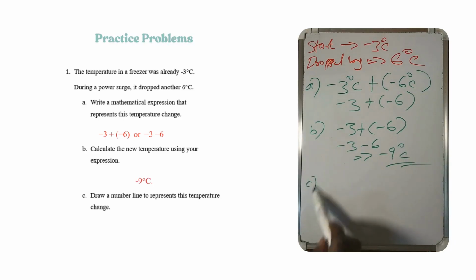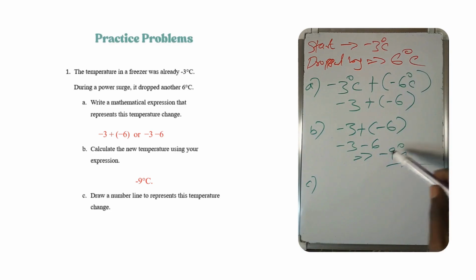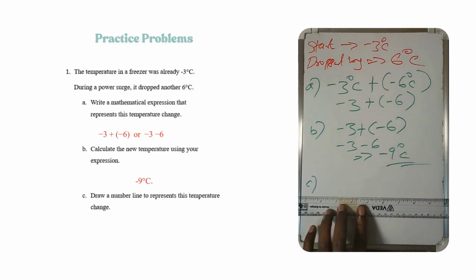And now for the last part, draw a number line to represent the temperature change. So let's draw a number line. Our number line will start at the initial point, negative 3, and end at negative 9. Let's sketch a straight line here.